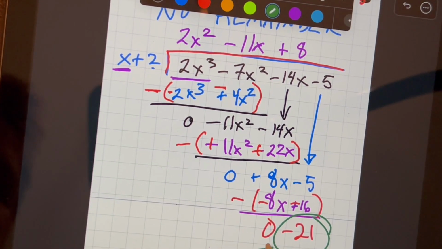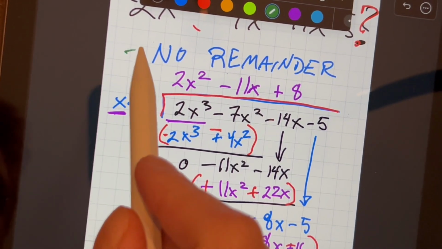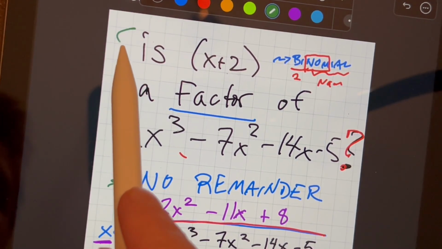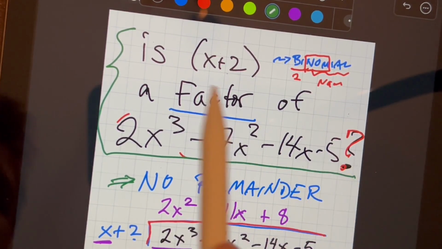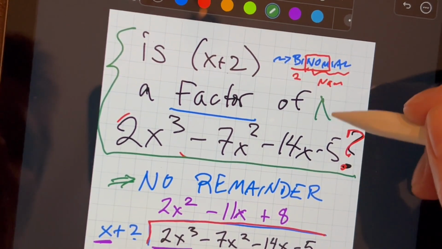This becomes a fraction, but we can have no remainder for this to be a factor. So to answer the question, is x plus 2 a factor of this? The answer is no.